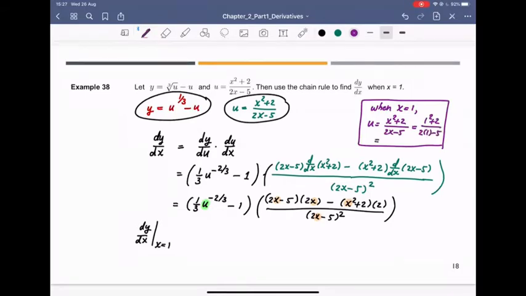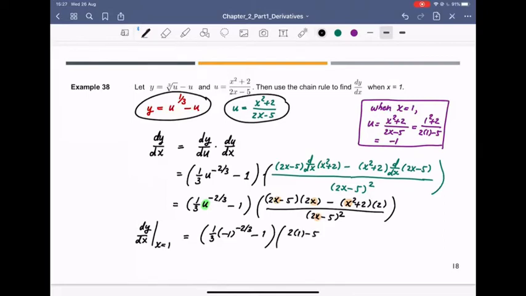So that means your u here is going to be negative 1, right? Because it's going to be 3 over minus 3, which is negative 1. And then after that, you plug everything into the function here.